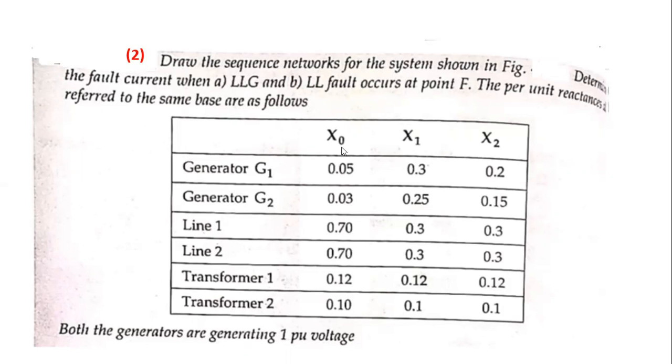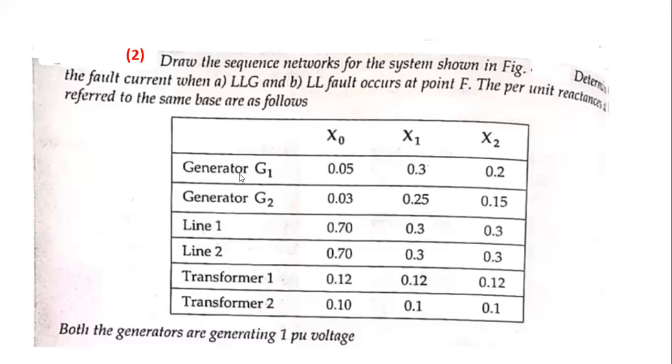This is the X naught value, that is the zero sequence reactance, for generators G1, G2, line 1, line 2, transformer 1 and transformer 2. Each and every equipment has a zero sequence reactance, a positive sequence reactance and a negative sequence reactance.